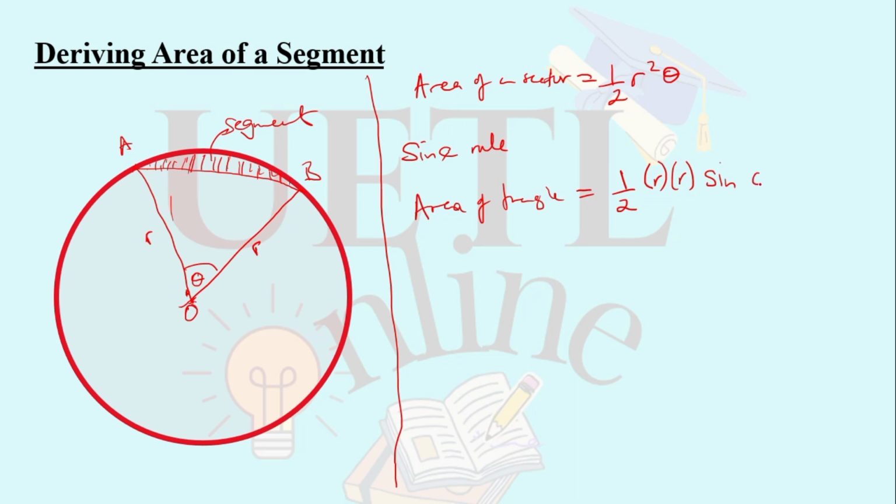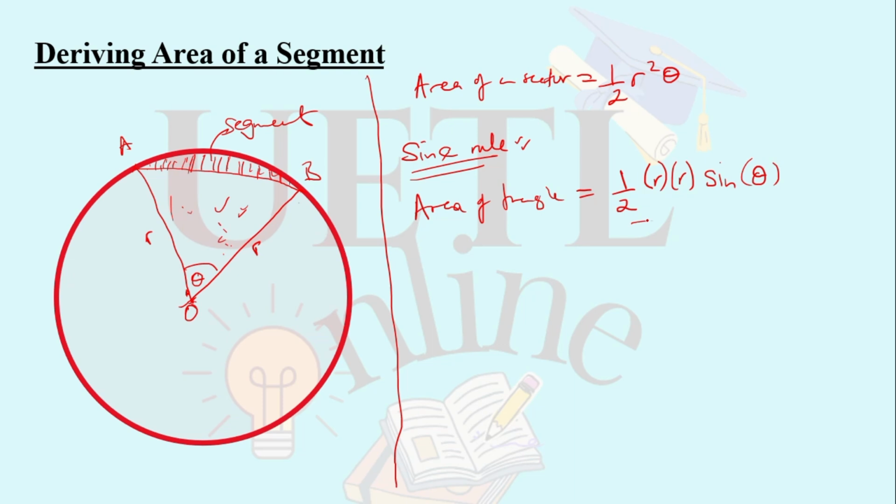If you don't know how to use the sine rule, you can find a video on it. So we use this formula to find the area of triangle OAB.